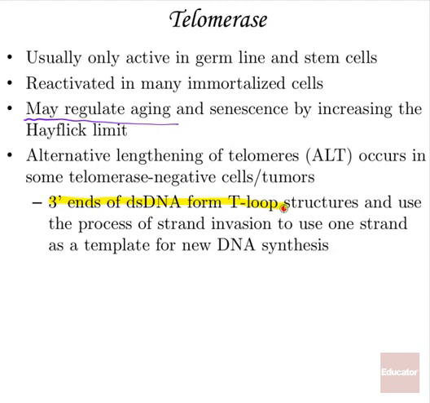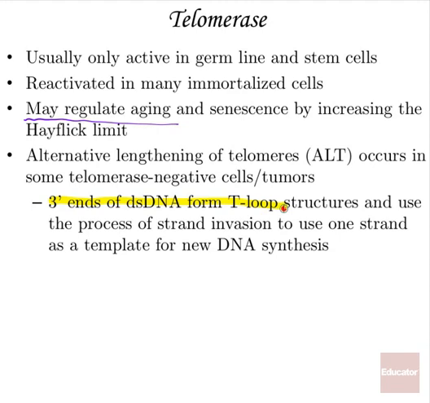And they use the process of strand invasion, which we're going to talk about later in lecture 8 or 9 when we talk about homologous recombination. So it uses one strand as a template for new DNA synthesis.